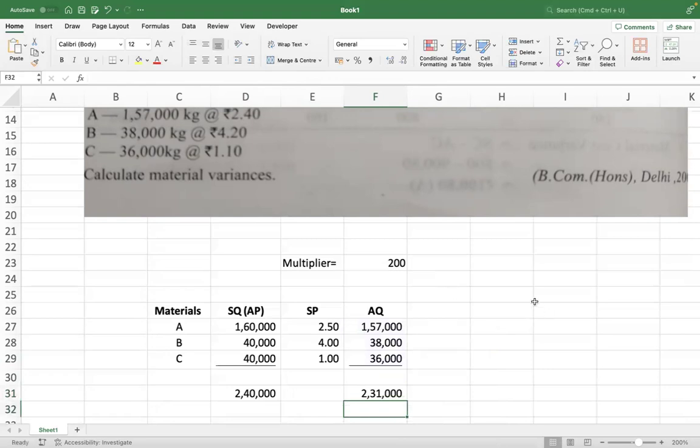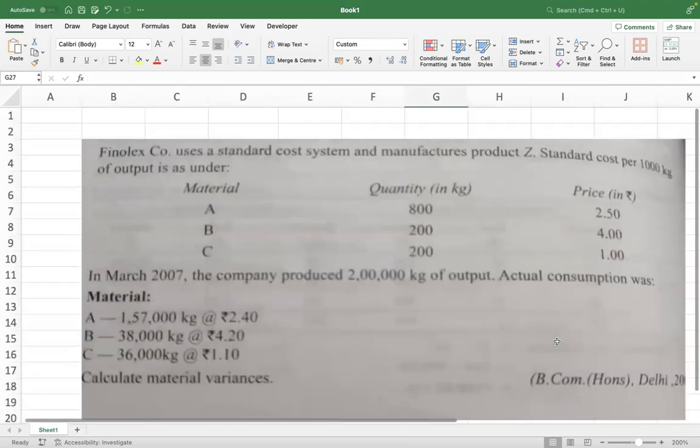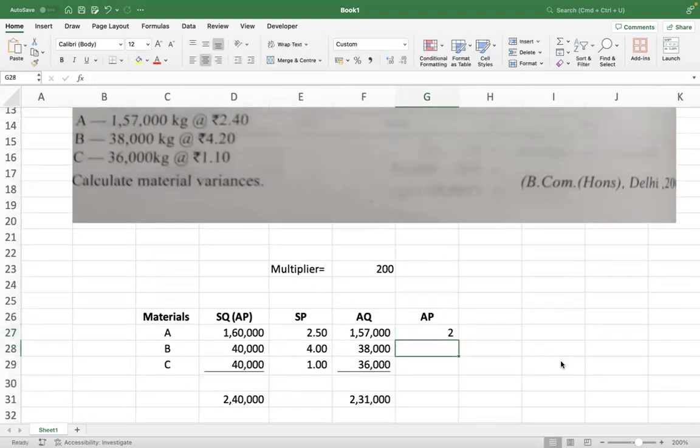What is the actual price? That is per unit. What are your actual prices? 2.4, 4.2 and 1. These are your actual prices.